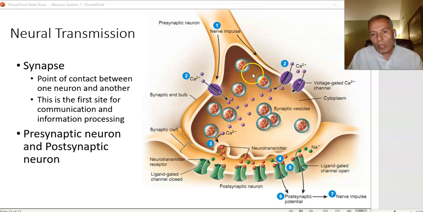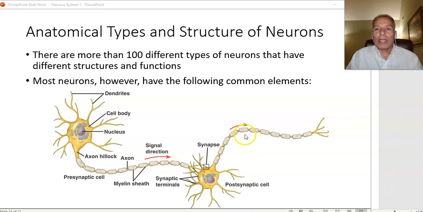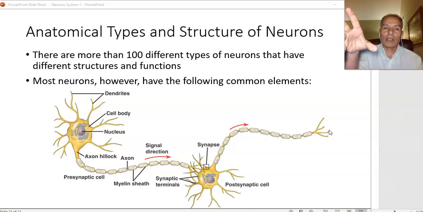So lastly, this is part of the neuron that is sending a signal. Remember that a signal can only travel in one direction. It only has to go from the synaptic terminals of a neuron to the dendrites or to the cell body of another neuron. Synaptic terminals always pass on signals.